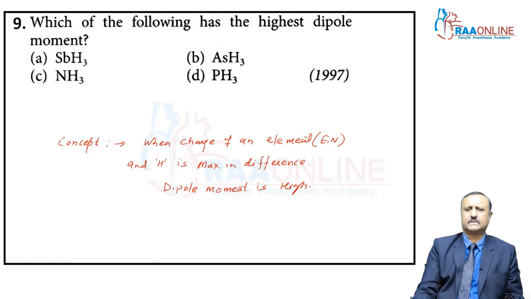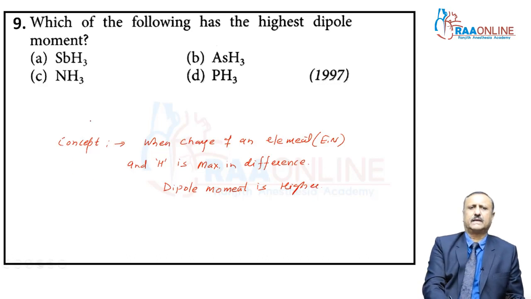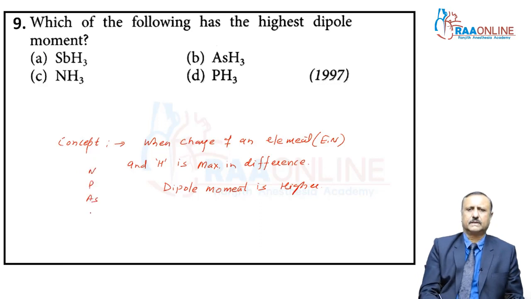Here my dear students, the 15th group elements are present: nitrogen, phosphorus, arsenic and antimony. These four elements are given in your options. Now we look from top to bottom in the 15th group.